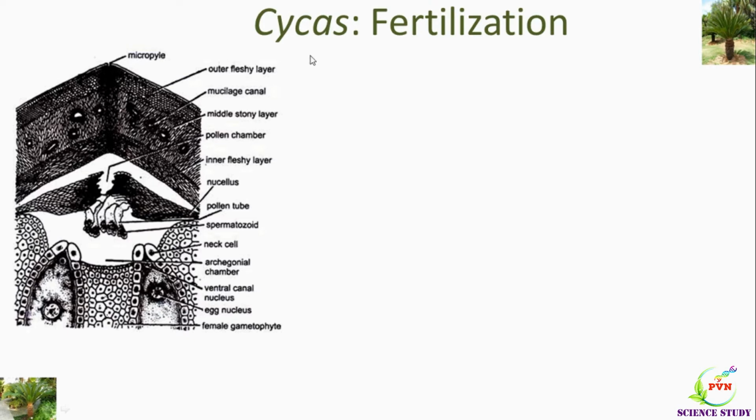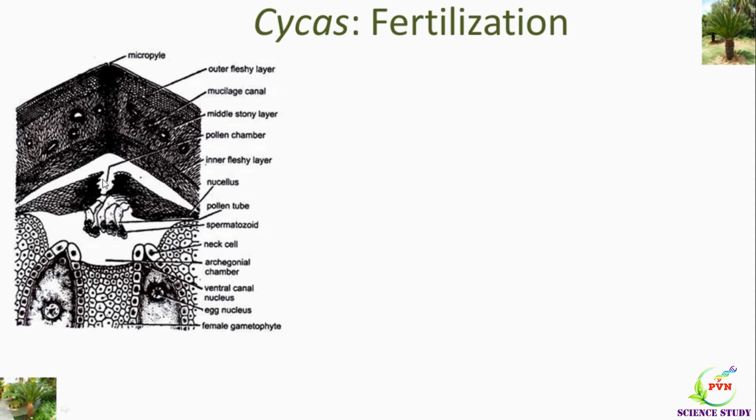Now we will study the fertilization process of the Cycas. This is the figure showing the fertilization process of Cycas. This is the micropyle. Then these are the three layers of the integument: the outer fleshy layer, the middle stony layer, and the inner fleshy layer.